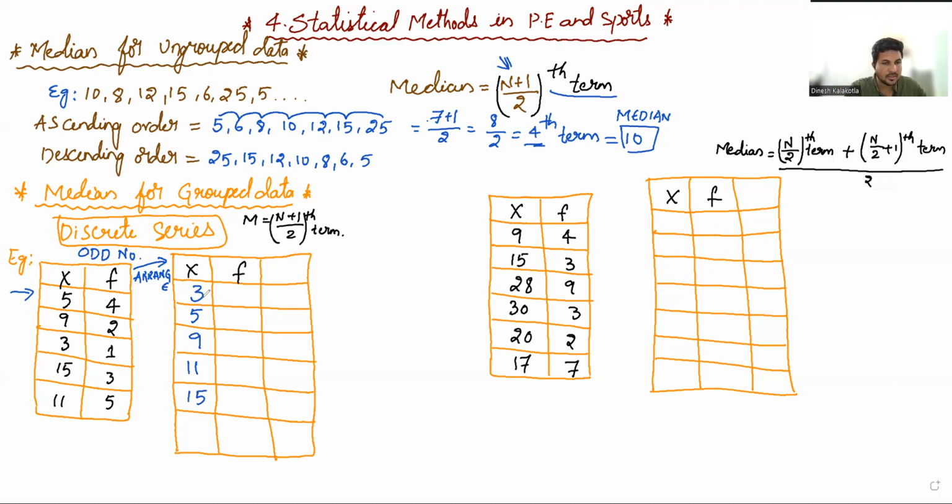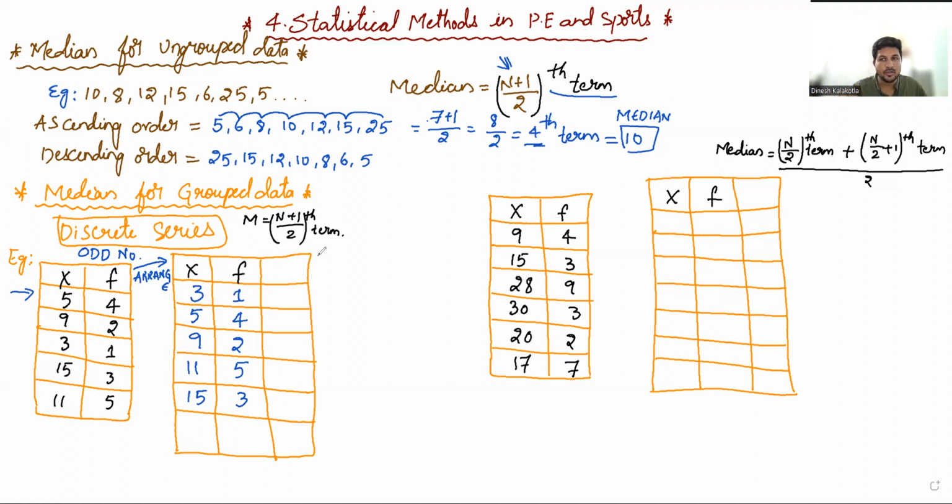So what is the frequency for 3? That is 1, and for 5, it is 4. Next is 9, frequency is 2, and 11, frequency is 5, and 15, frequency is 3. So we have arranged the data. But before substituting the numbers in the equation, we need to find a new thing.